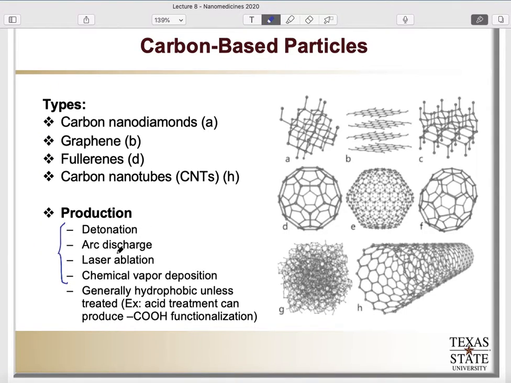If we go to arc discharge and laser ablation, in those cases, basically a carbon gas cloud is formed by either passing a current through carbon electrode or by using a laser to heat a solid substrate in order to reach very high temperatures in the order of 3,000 to 4,000 Celsius.